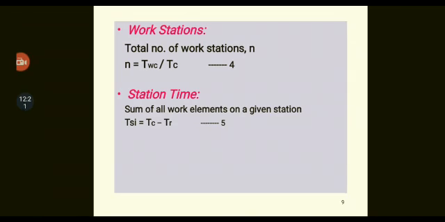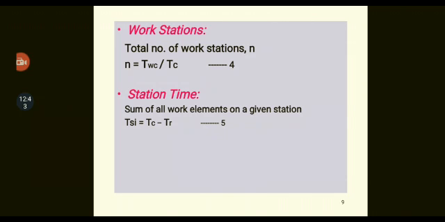The number of workstations N is given by the formula N = TWC / TC, where TWC is the total work content divided by cycle time TC.